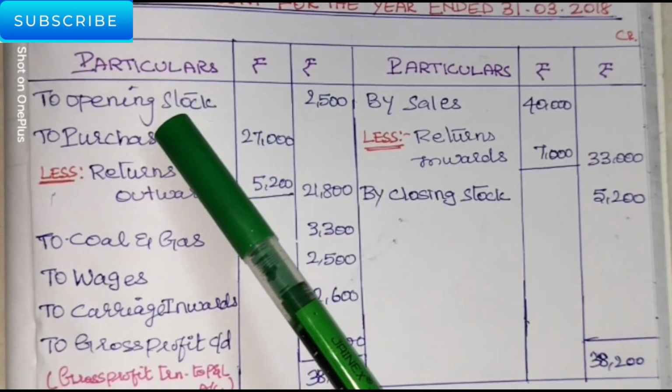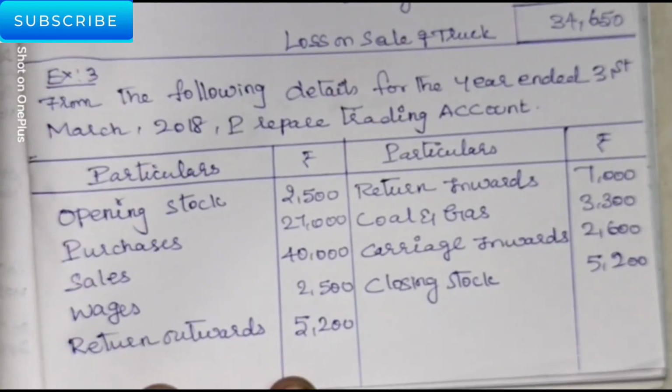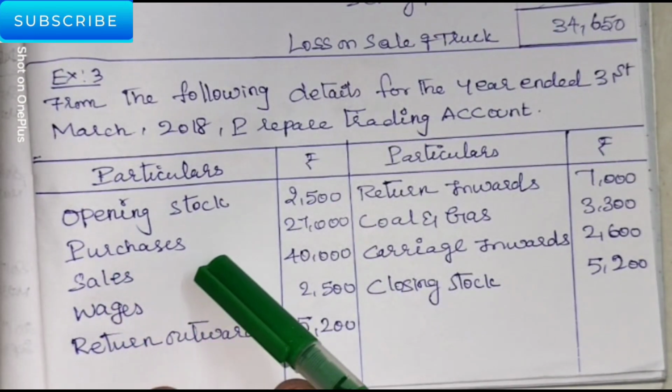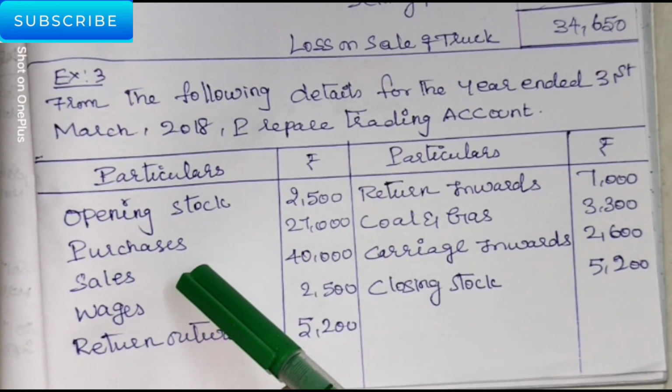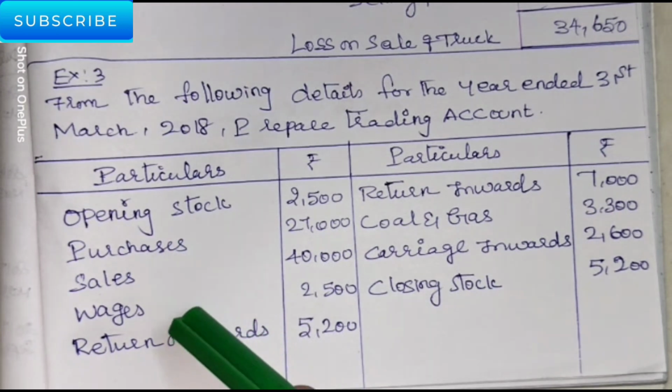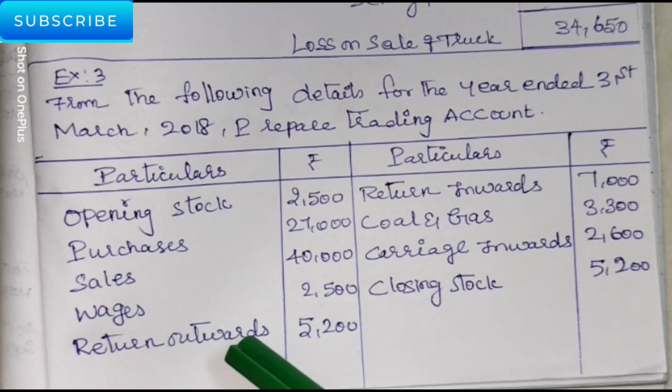After opening stock we always enter purchases account. Before we enter the purchases amount, we have to check whether they have given return outwards or purchases return. Yes, they have given return outwards, which means purchases return.